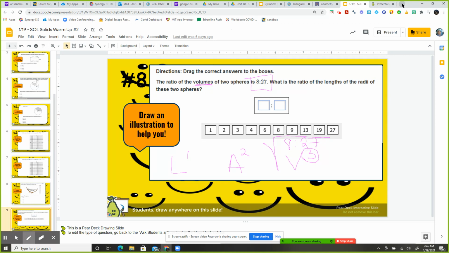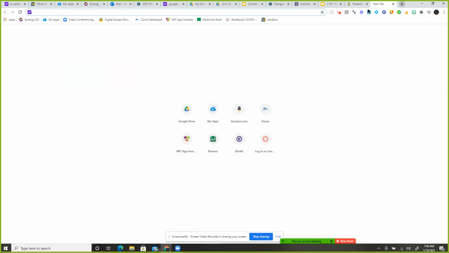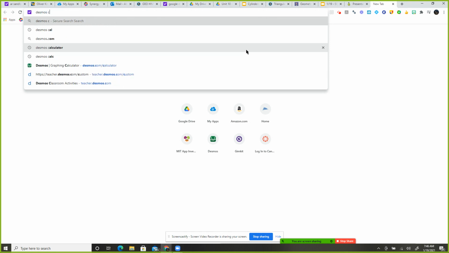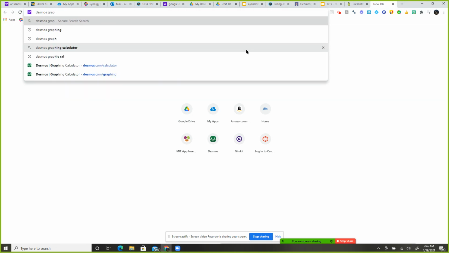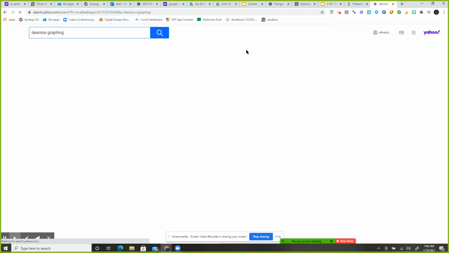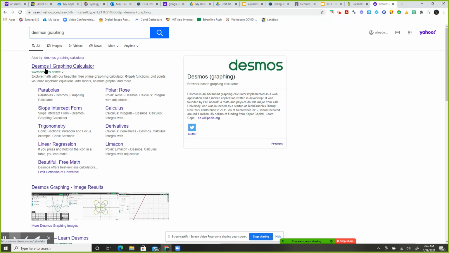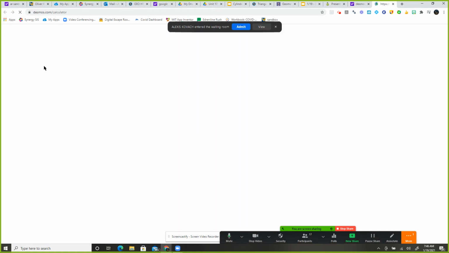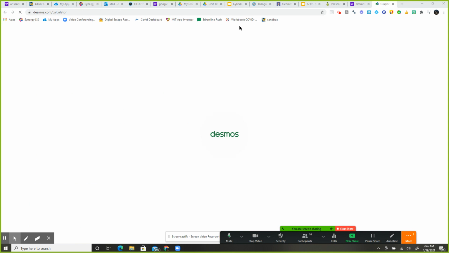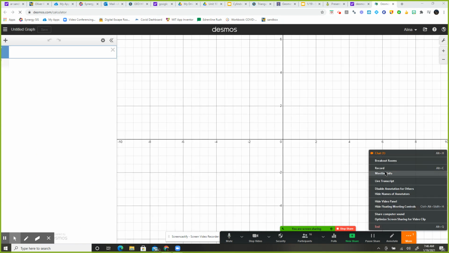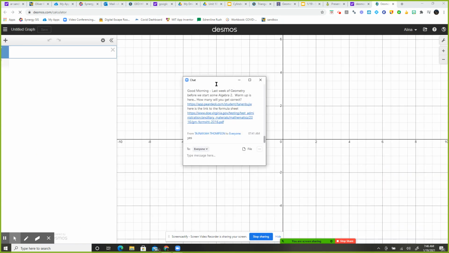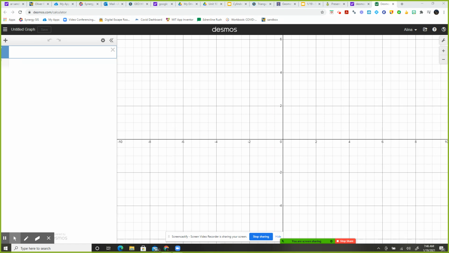And at this point, I want to open Desmos up. Because it's not immediately obvious where the cube root is in Desmos. Okay.